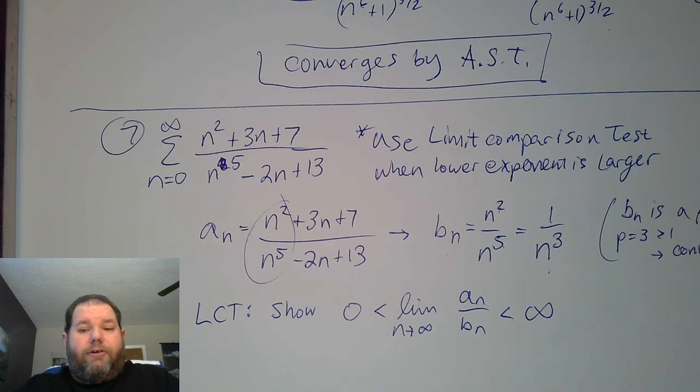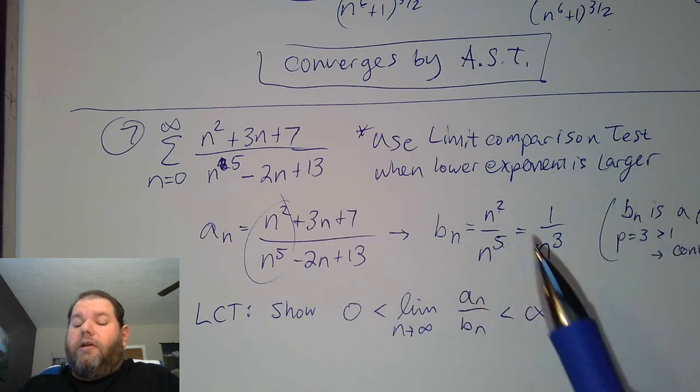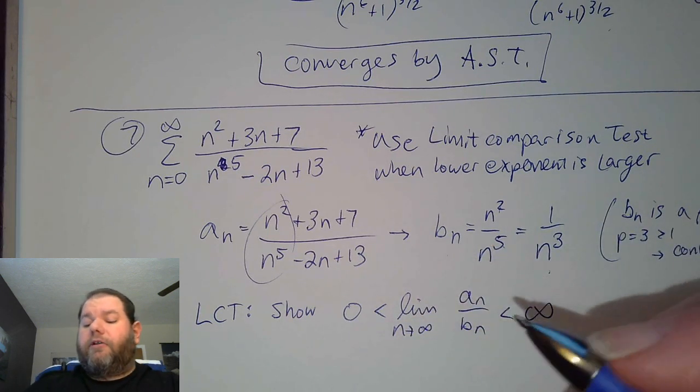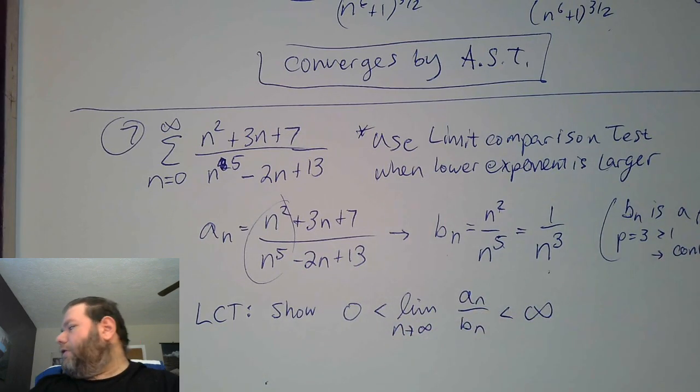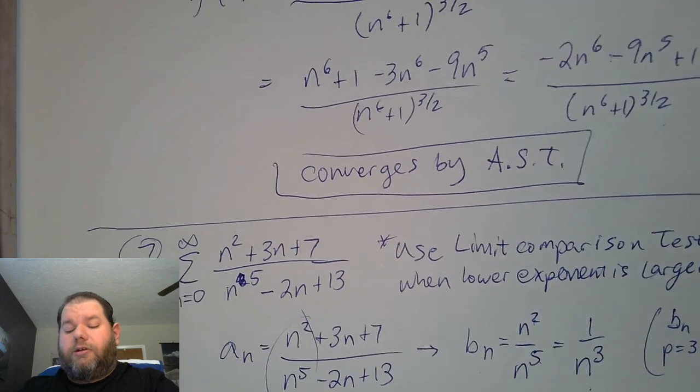Which seems like a large interval to work with, but it really only works if we choose b sub n correctly. So that's the most vital part, choosing the correct expression for b sub n. Now, let's find our limit here, and I'll probably go ahead and go to the next page, or the back of this page.